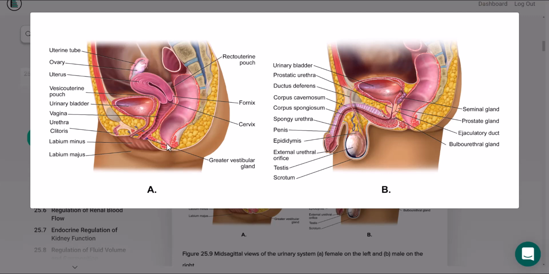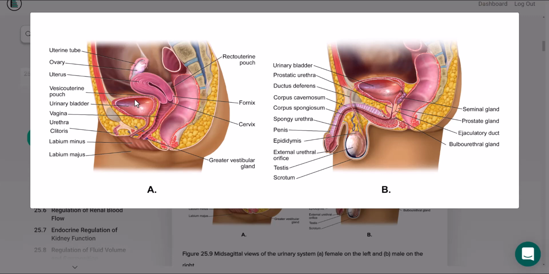You might also hear these muscles, especially in the female, referred to as pelvic floor muscles. And this may also explain why after childbirth, the vagina can get stretched a little bit and can affect the integrity of this sphincter. During pregnancy, as the baby is developing, it's pushing down on the bladder, and that can lead to some incontinence, some leakage, but also a smaller bladder.